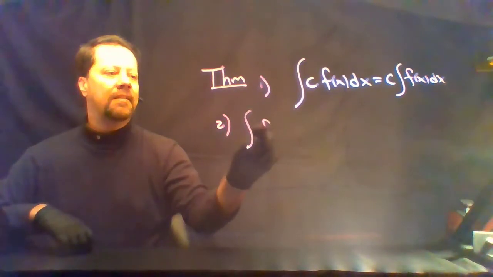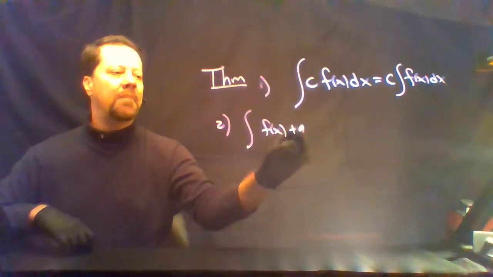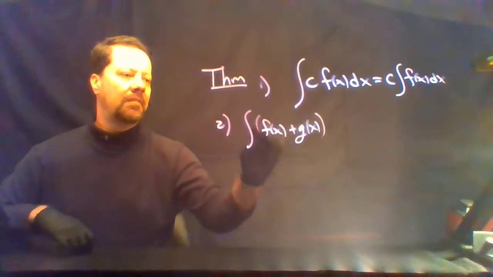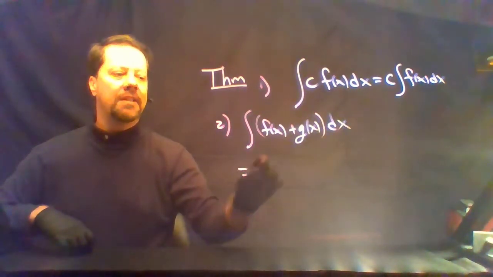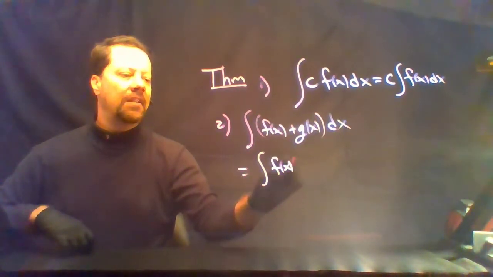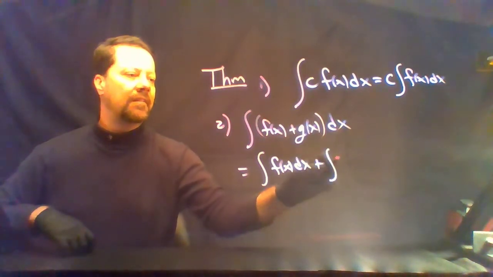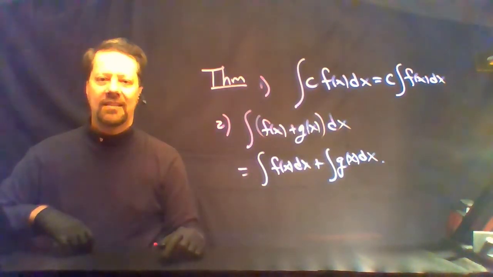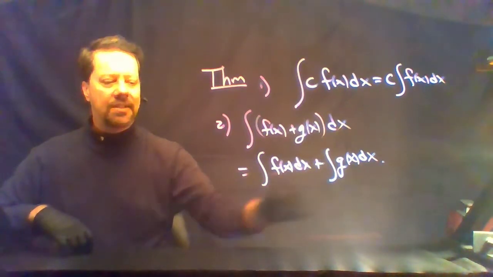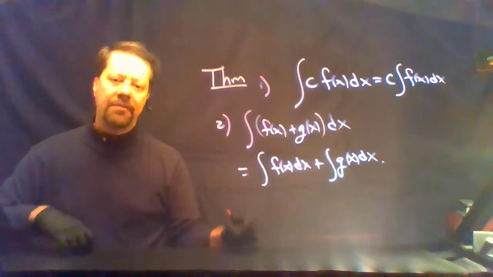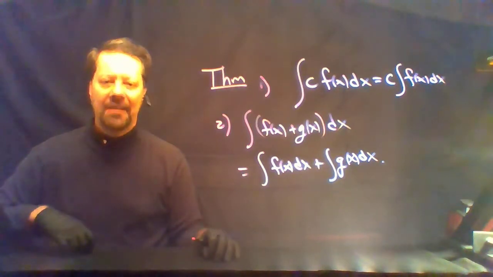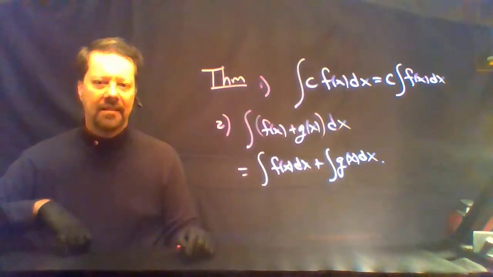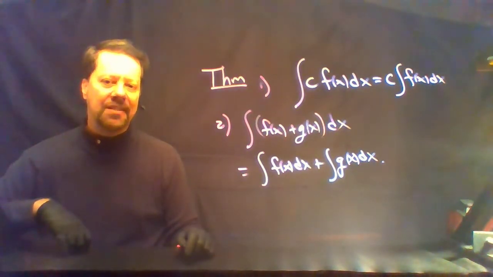Second, if you integrate the sum of two functions, you'll get the same thing if you integrate separately. When you combine the arbitrary constants from the two integrals, the sum of two arbitrary constants is an arbitrary constant. I should mention that these are pretty easy to prove.